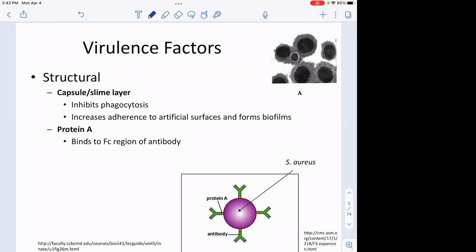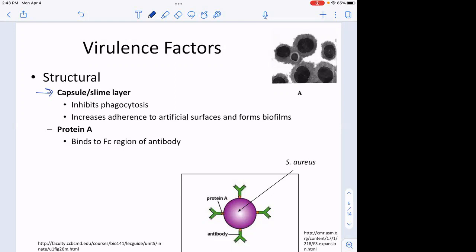But it is pretty common for them to have some kind of capsule or a slime layer. Remember the benefits of that: it keeps it from being ingested or phagocytized very easily, and it really is going to help it adhere to some kind of structure, like an implant, or during surgery, or a catheter, or whatever.